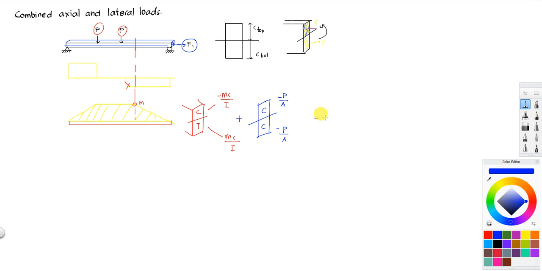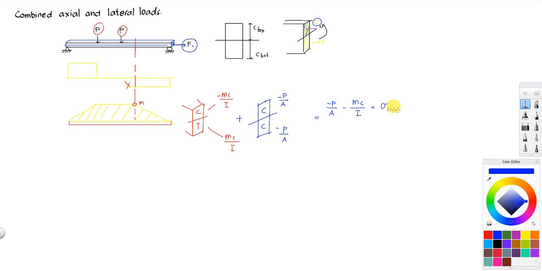So the top of my beam, the topmost point at a certain C, has a total stress equal to negative P over A, plus, negative, so plus and then minus, so I will have it as minus MC over I. Again, this is the stress at the top.